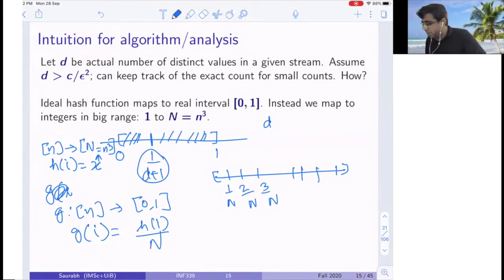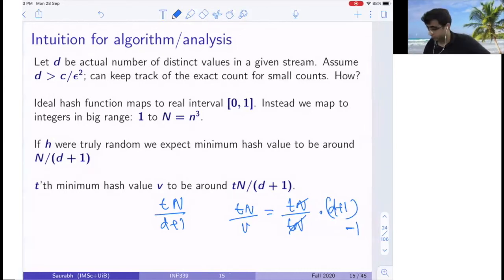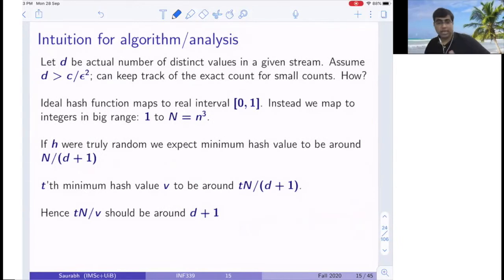What is your tth minimum value? It is t over n, times something. When we push back up, we just divide everything by tn over d plus 1, and whatever we compressed by, we multiply by that to get the exact one. Any question? And that is why tn by V should be around d plus 1.